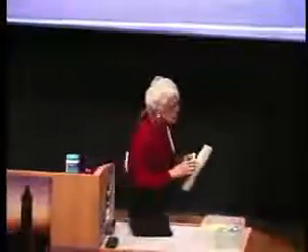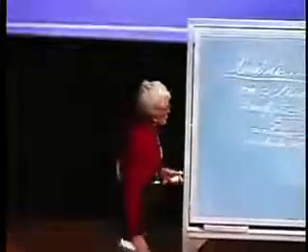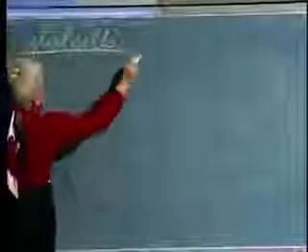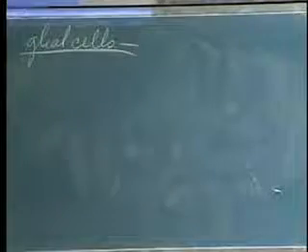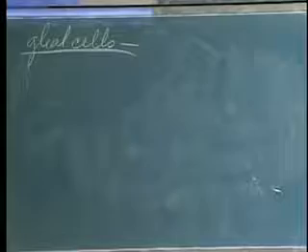Now, we want to look at glial cells. Briefly, we can say that they're the metabolic and structural support cell of the nerve cell.